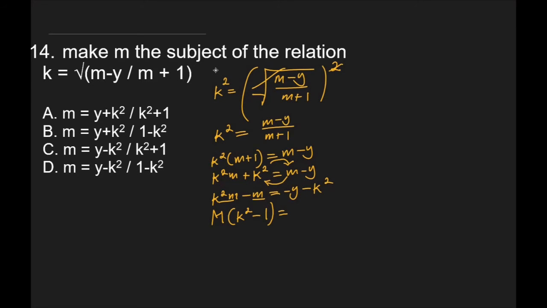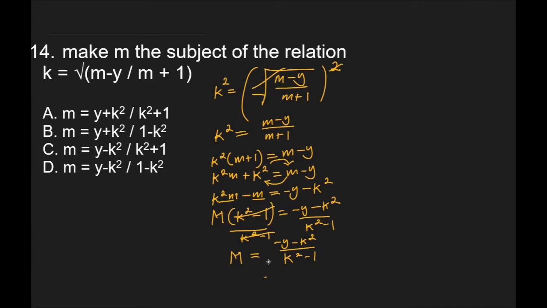So this is equal to minus y minus k squared, and now we can divide both sides by k squared minus 1, so that this can cancel this, and m will now be left to be equal to minus y minus k squared all over k squared minus 1.